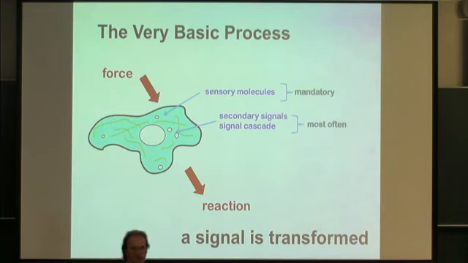You've seen these frightening schemes of chemical reactions of thousands of molecules acting on each other back and forth and feeding back several times during this seminar already. And in the end, the outcome is a reaction of the cell or the whole organism. So a signal is basically worked on, transformed into a reaction. And that's what we are looking at.